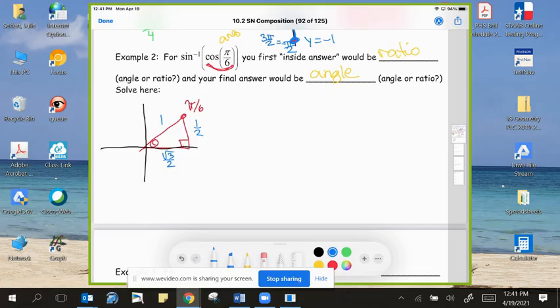So we are looking for cosine pi over 6. Cosine is x, y, or a fraction of those. It is the x. So cosine of pi over 6 is our x, root 3/2.